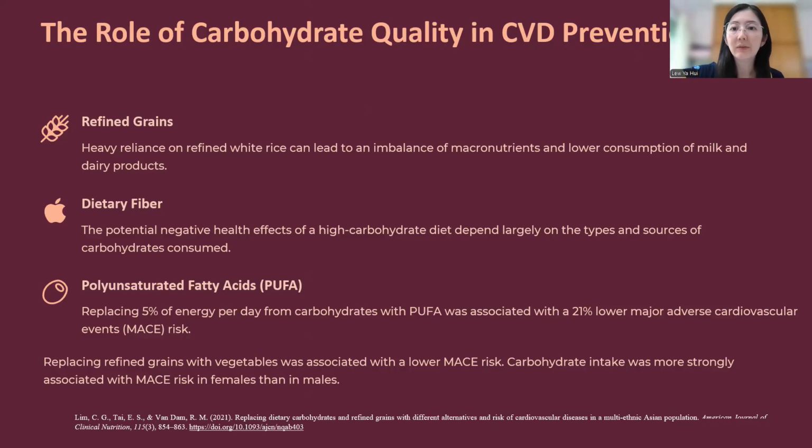If you replace refined grains, the not-good carbs, with fruits, vegetables, or dairy products, it also will lower the risk of heart problems. So replacing this will help reduce heart disease, not just because of the vegetables themselves, but also because of the healthy oils that we use in the cooking.